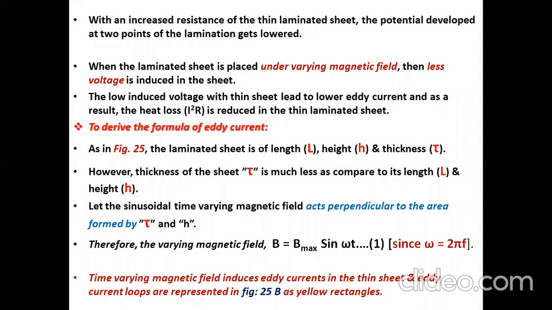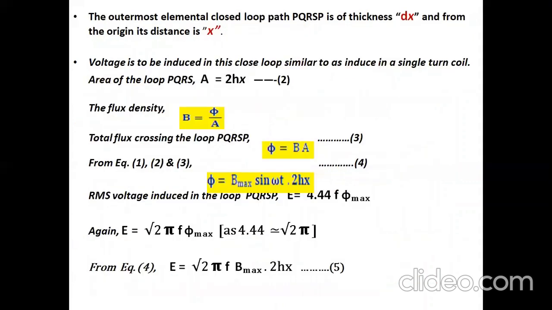Time varying magnetic field induces eddy currents in the thin sheet, and eddy current loops are represented in figure 25b as yellow rectangles. The outermost elemental closed loop path PQRSP is of thickness dx, and from the origin its distance is x in the figure.